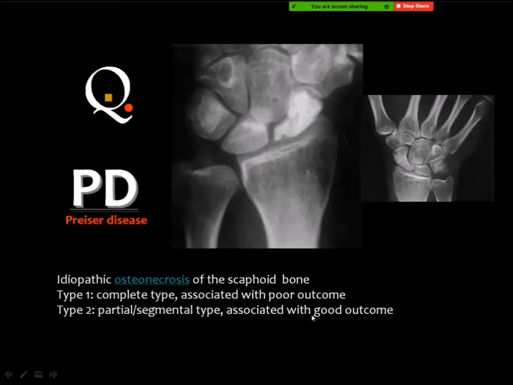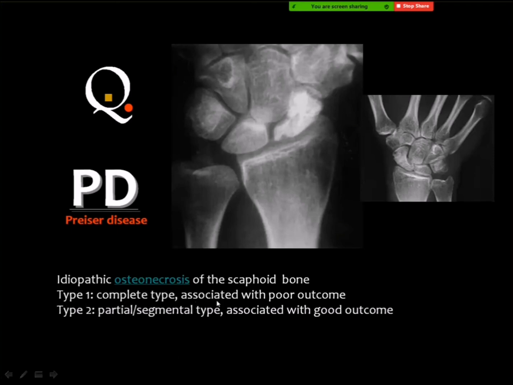Avascular necrosis of the scaphoid. Yes, this is avascular necrosis of the scaphoid, and we have two types of avascular necrosis: the avascular necrosis secondary to trauma, and avascular necrosis without trauma, which is known as Preiser disease. This Preiser disease has two types.